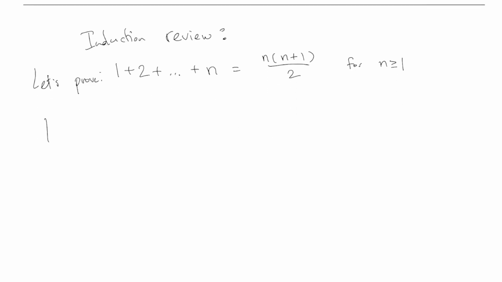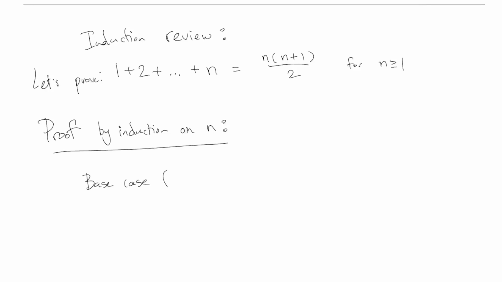So maybe I will start by saying proof. Sometimes you would say, I'm going to do this proof by induction on n, meaning n is the variable that I'm going to do the induction with. A proof by induction always begins with the base case. The base case means you have to prove that the formula is true when using the smallest value of n that makes sense.